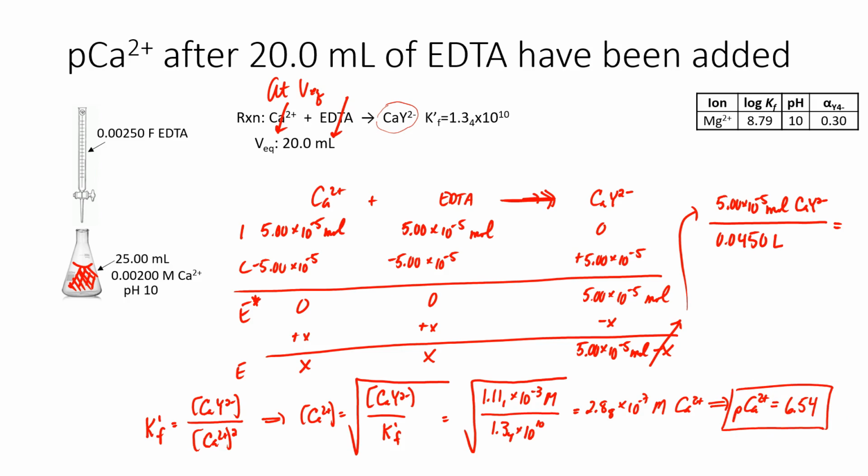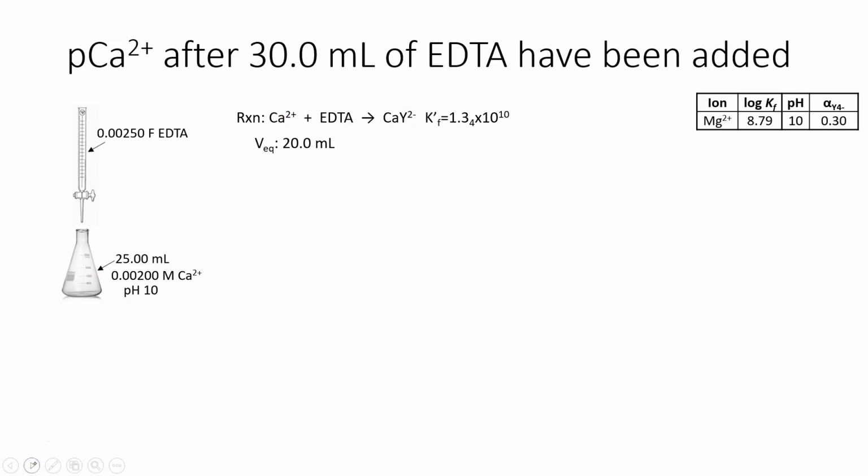So at this place in the titration, it's just like that problem we did earlier. How did we find the free metal ion concentration in a metal EDTA complex? Well, we've got one place left, and that is beyond the equivalence volume. In this case, after adding 30 mL of EDTA.